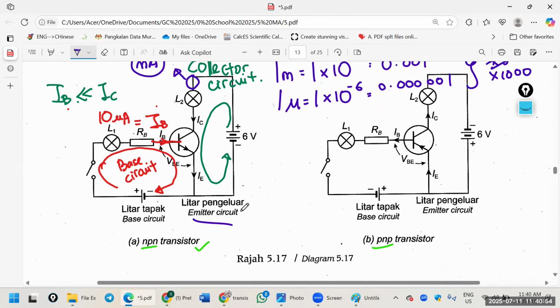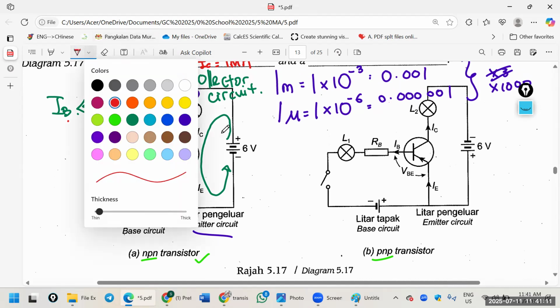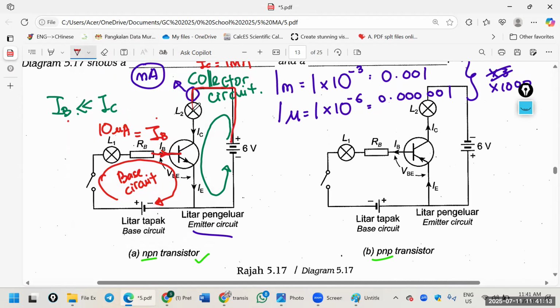So actually this circuit you can say ammeter circuit or collector circuit because they are on the same way. But most of the time I call it collector circuit because the current will flow through the collector first. And anything you want to switch on, you put on the collector. Understand?